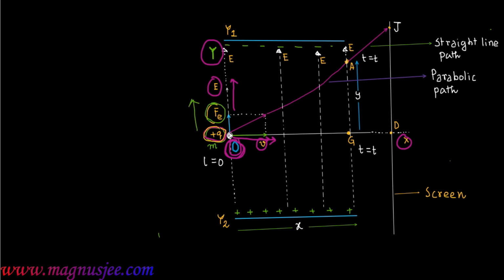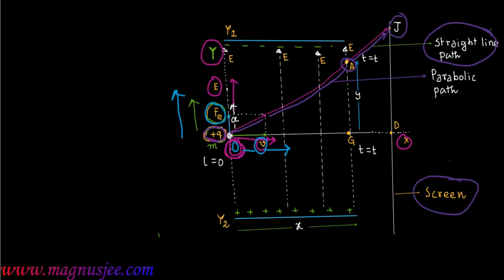Fe is the electrostatic force experienced by the plus q charge due to the electric field, and a is the acceleration of the charged particle due to the electrostatic force Fe, and v is the velocity with which the charged particle enters the electric field. Due to the combined action of the electrostatic force Fe and kinetic inertia along OX, the charged particle describes a parabolic path, and beyond the electric field the charged particle describes a straight line path.